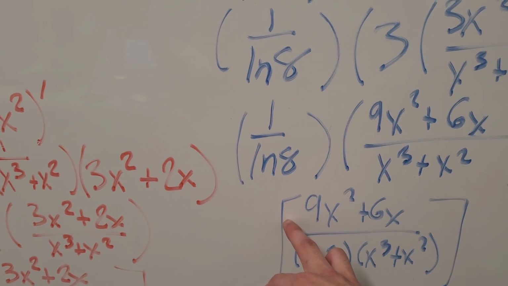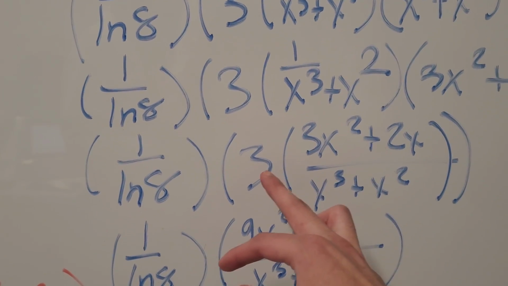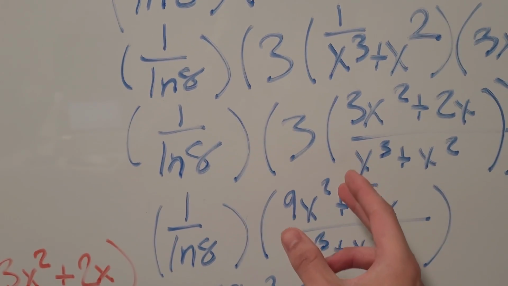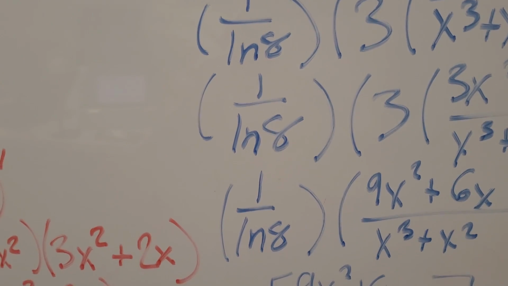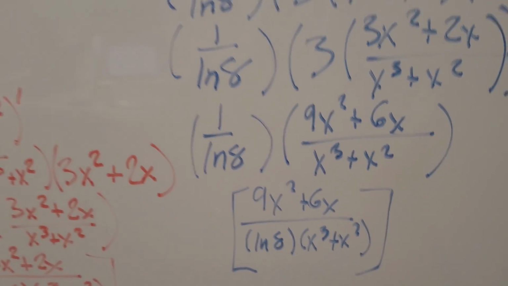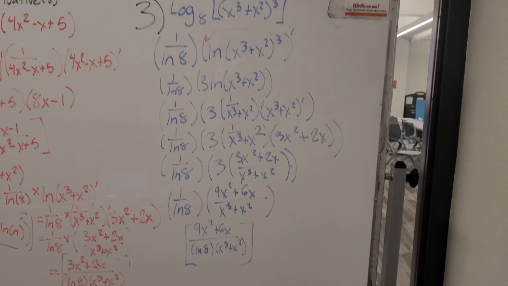So we would have a 3 out front, and then it would just be 3x squared plus 2x. We would just have the 3 out front, and then factor out an x and have that in the denominator. And so that is it for that entire problem.